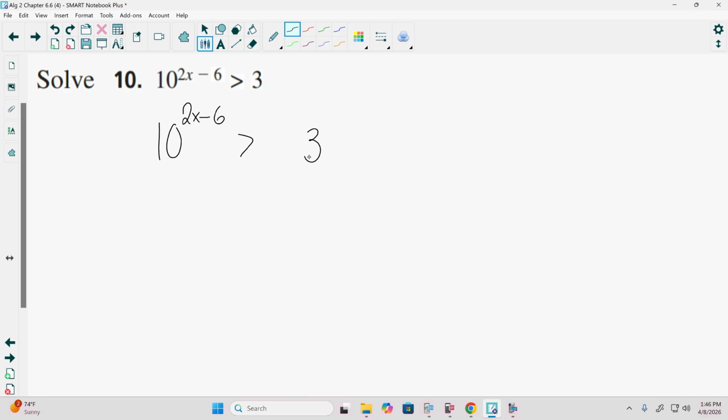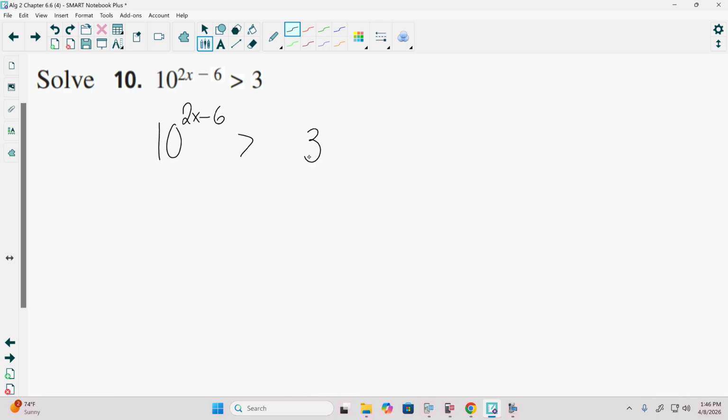Ten to the 2x minus 6 is greater than 3. Now at this point, do I have one term on either side? Is there anything else with our base of 10? That's 10. We indeed do have the 2x minus 6.